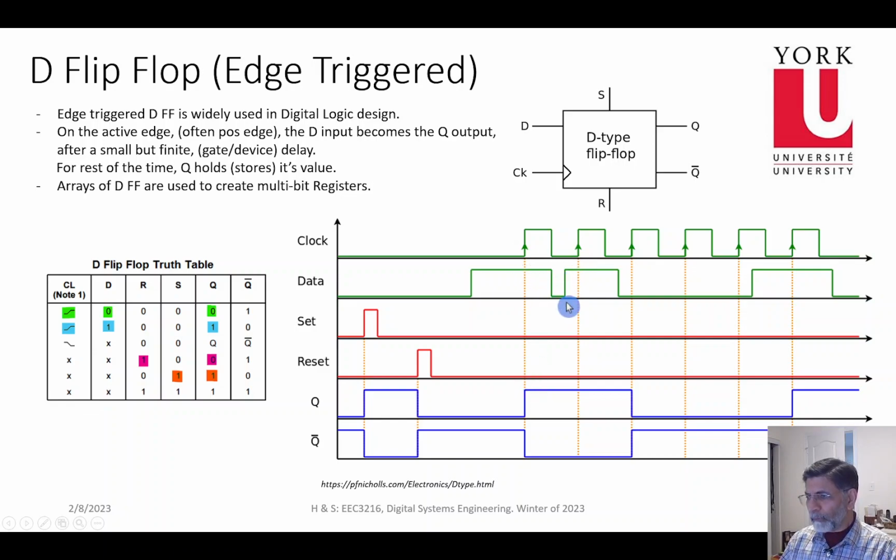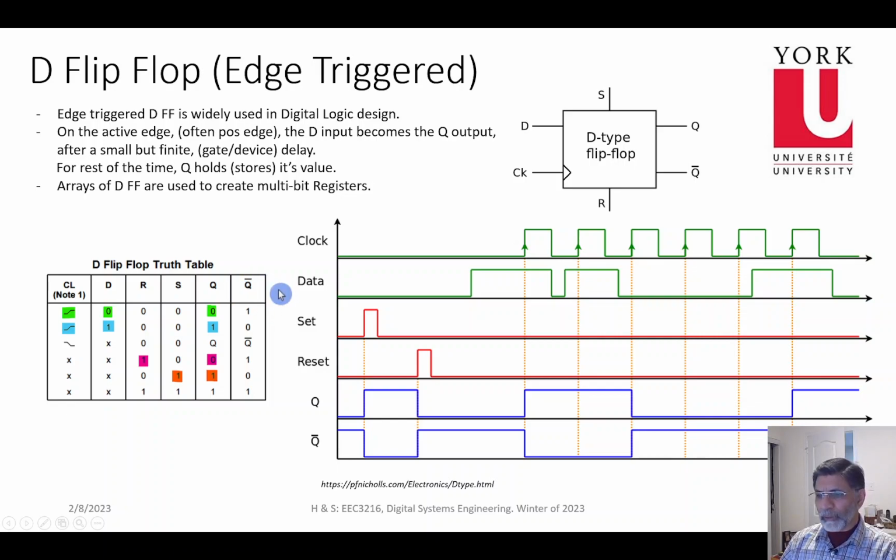Here D holds its value, Q holds its value. You can see D changes, but Q does not. On the next edge, because D is again 1, Q stays 1, and here you see where Q goes low, and so on. And Q bar is just the opposite of Q. So that shows you the behavior of a D flip-flop.